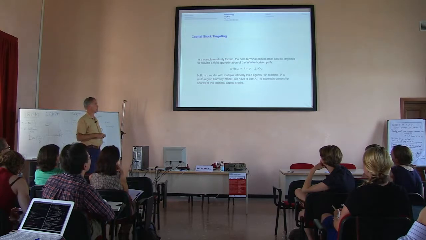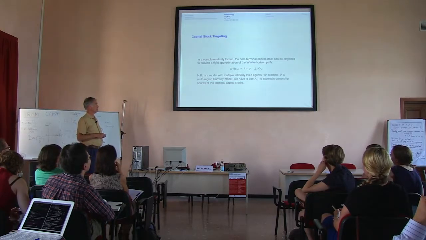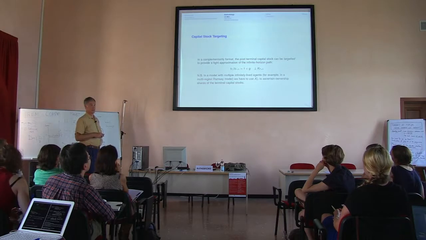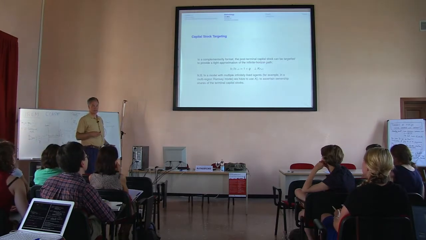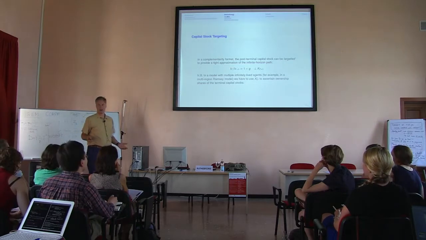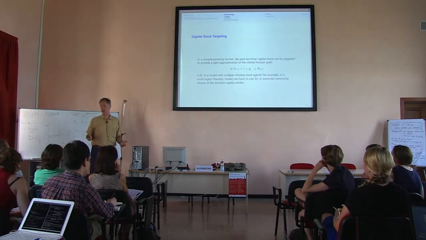So we're going to pick KT plus 1 such that investment from T minus 1 to T grows with potential GDP. It's completely ad hoc, but it's going to be precise if we're at the steady state.